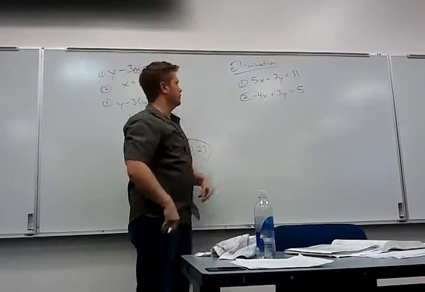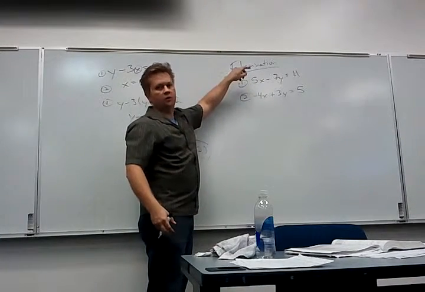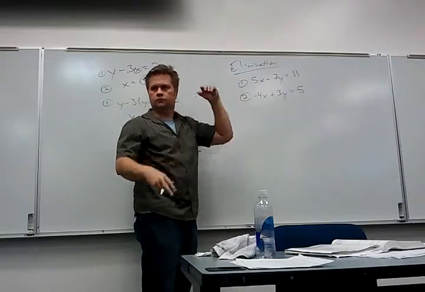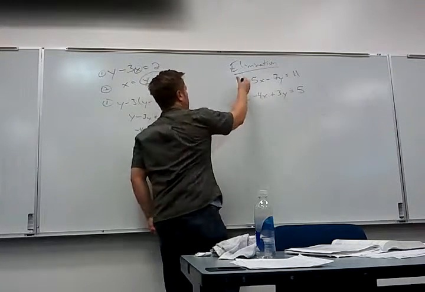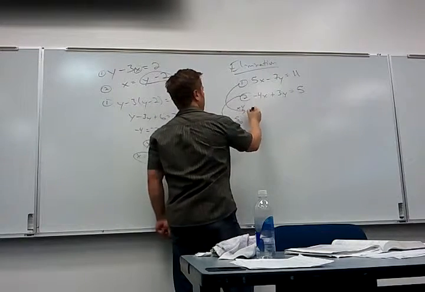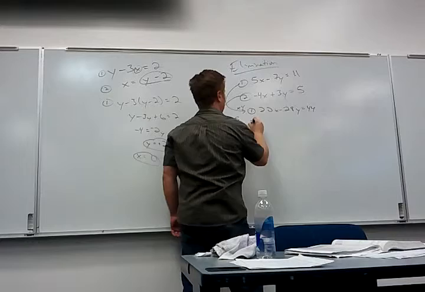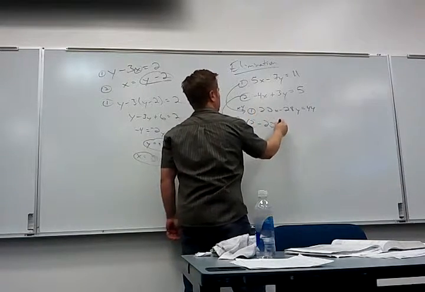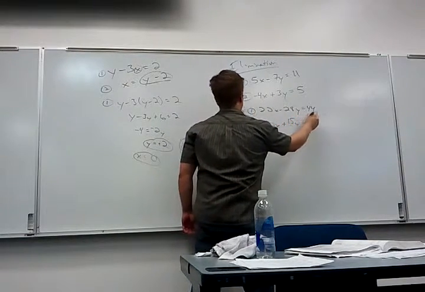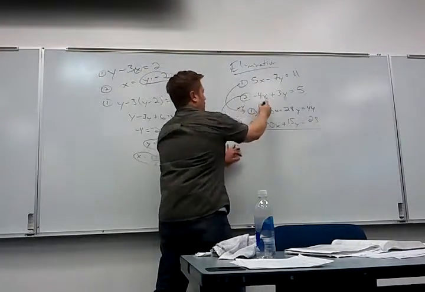If this was a 6 and a 4, it would be 12 LCD. I multiply this by 2 and this by 3. Same idea. So here I multiply by 4. Here I multiply by 5. So you get 20x minus 28y equals 44. There you get -20x plus 15y equals 25.